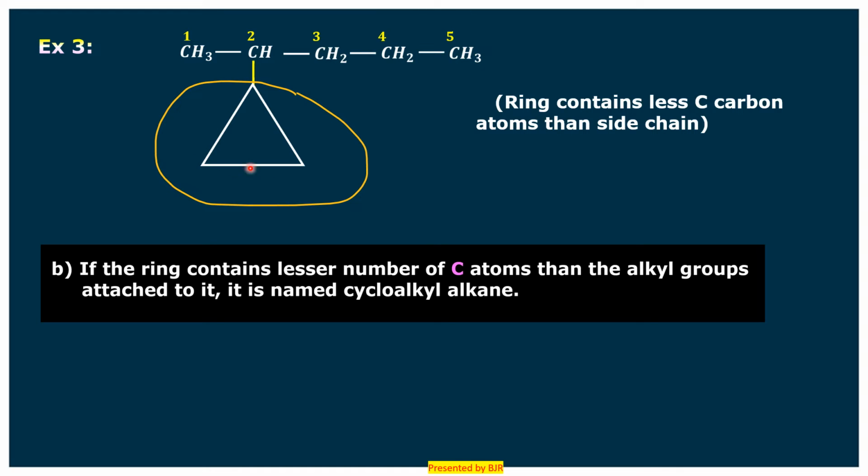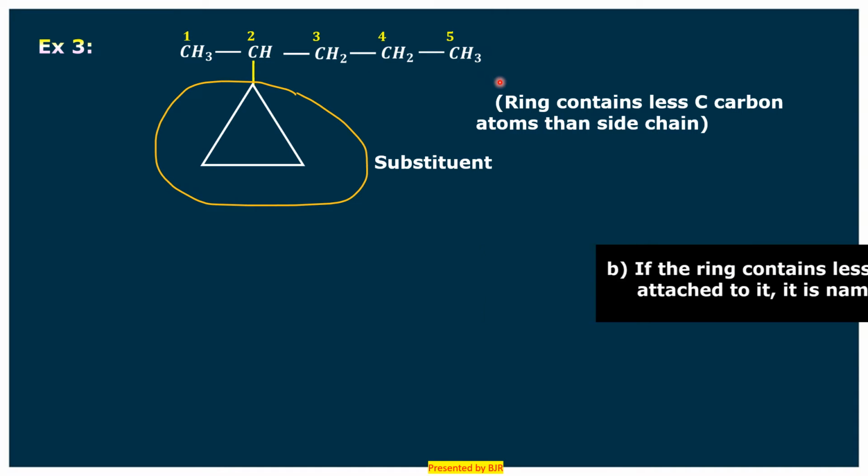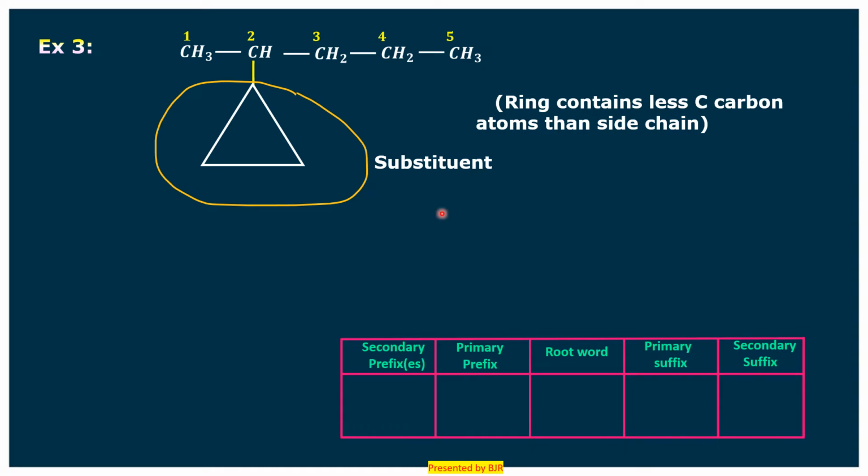The ring should be treated as the substituent because the number of carbon atoms in the ring is less than the number of carbon atoms in the side chain. So the root word, 5 carbon atoms are there, it is pent, and only carbon single bonds are there, so the primary suffix is ane.